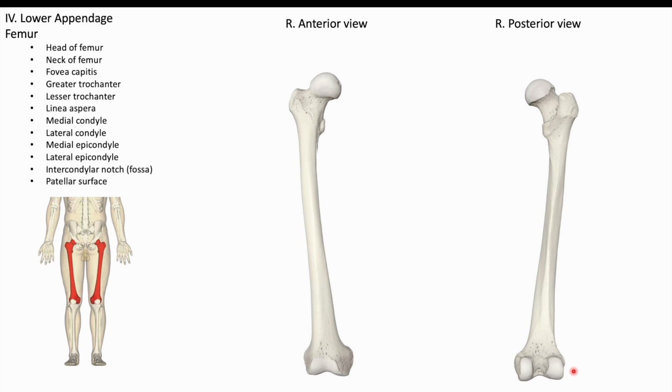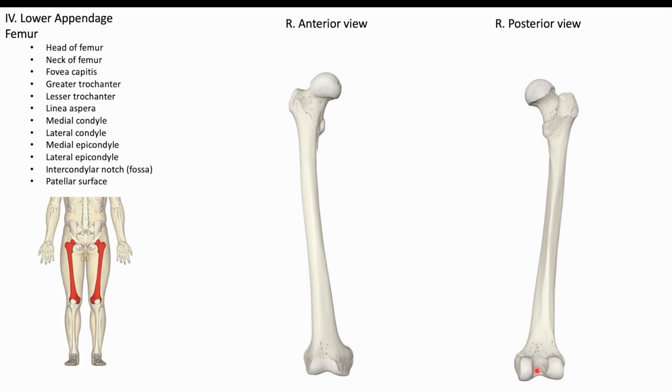Okay, and then actually going back to here, the space in between the medial and the lateral condyle is called the intercondylar notch. The intercondylar notch is between the medial and the lateral condyle, and a lot of your ligaments are going to be attached here as well, such as your ACL and your PCL, which are the anterior cruciate ligament and the posterior cruciate ligament.